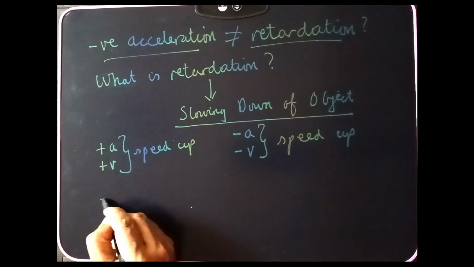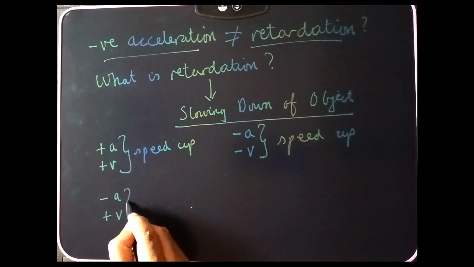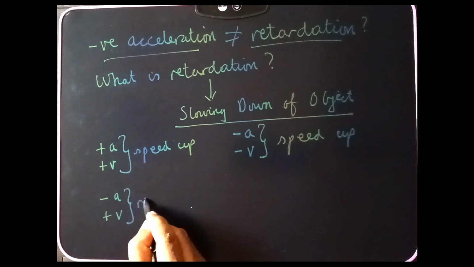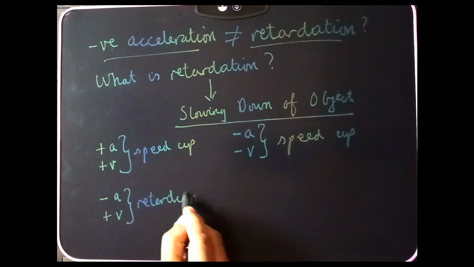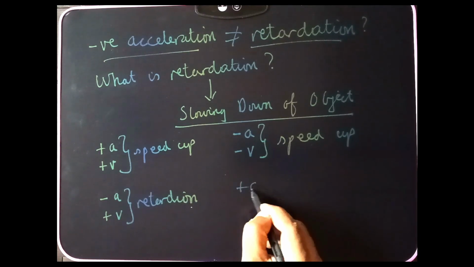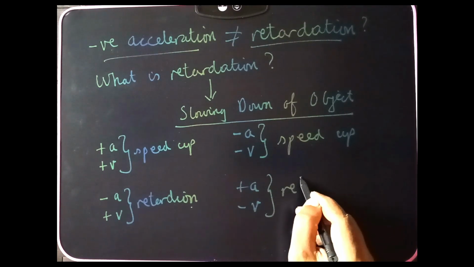But if I have negative acceleration with positive velocity, that means acceleration is acting against the velocity. So in this case, it will retard. Even if I have positive acceleration and negative velocity, in this case also there will be retardation.